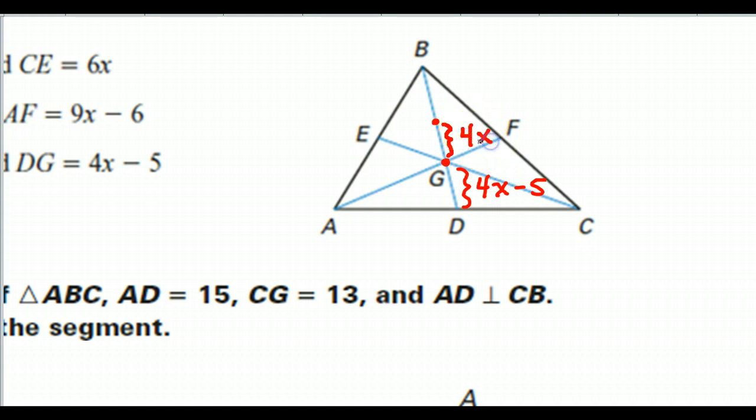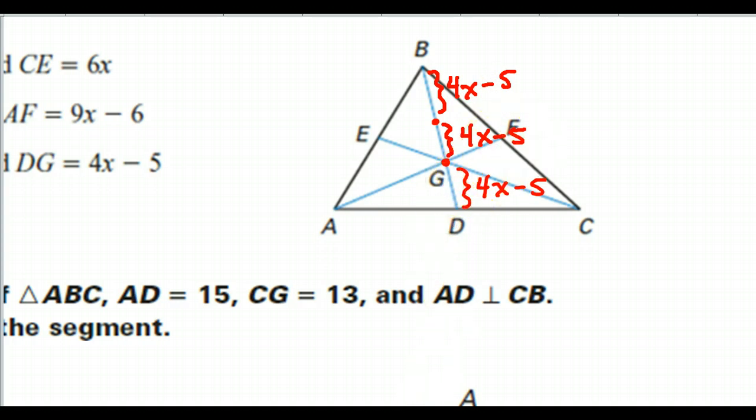That is also 4x minus 5, because the property of the centroid is that it divides the median into three equal parts. So these three parts right here are going to be equal. If DG is 4x minus 5, then this piece is going to be 4x minus 5, and this piece is also going to be 4x minus 5.